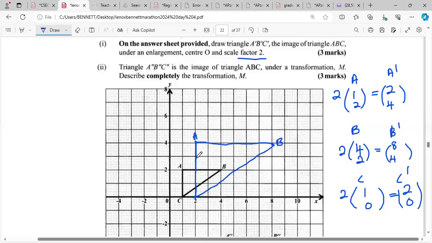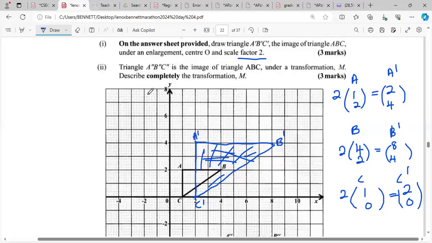So this would be A prime, B prime, and C prime. That's the enlargement really. Alright? Let me color it in. So that's the enlargement with scale factor of 2.